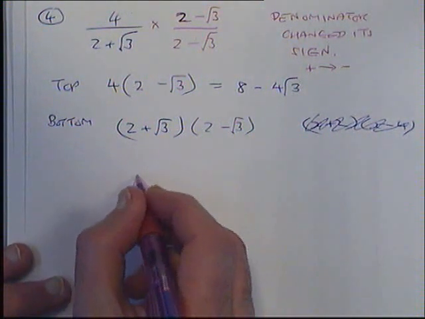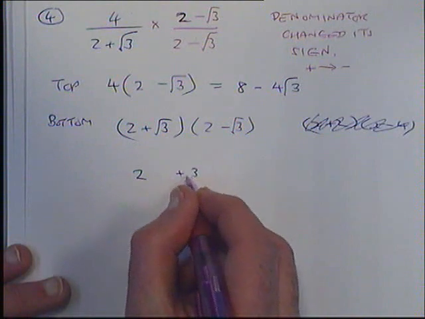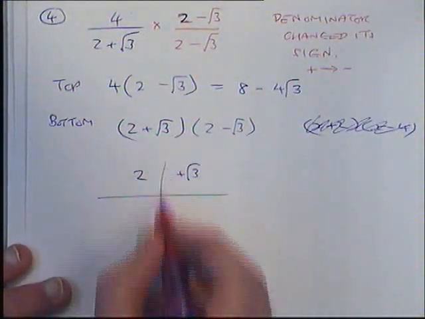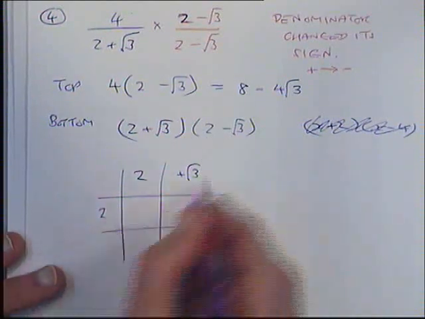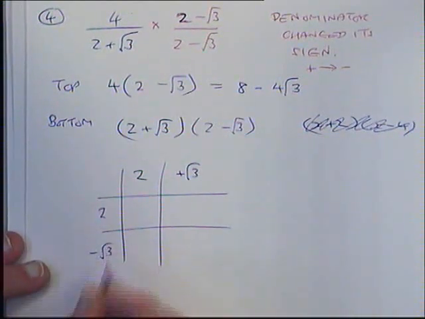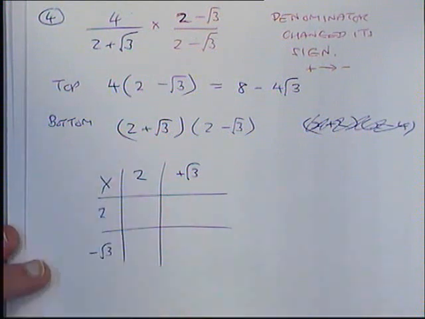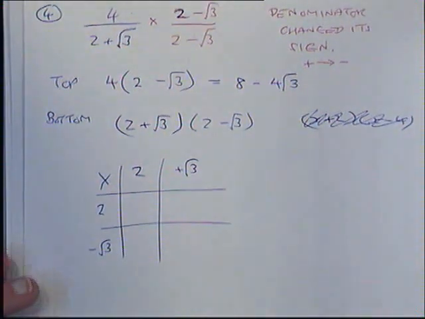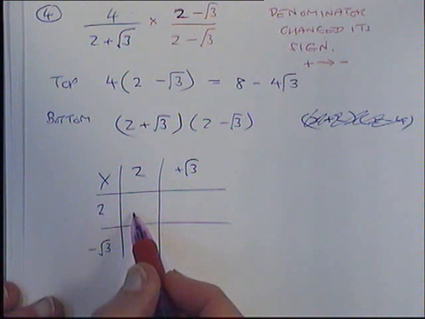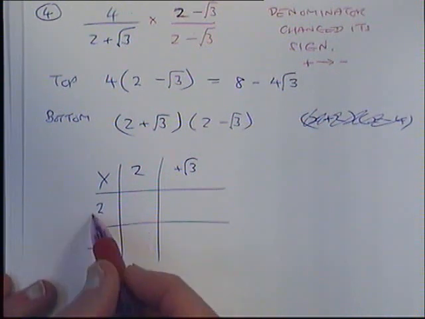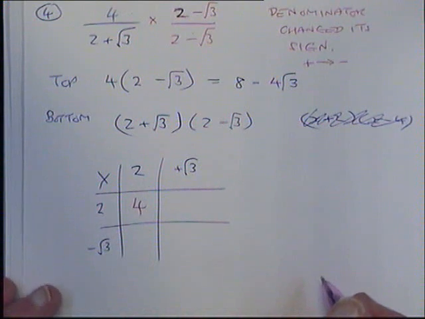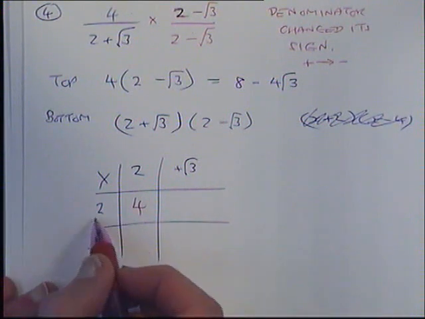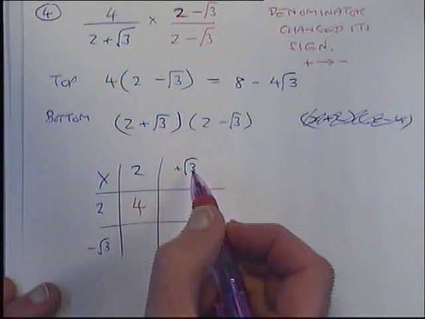So, for the grid, I've got 2 and a positive root 3 in one of my brackets. My other bracket, I've got 2 and I've got negative root 3. And I'm doing a multiplication grid. In this box here, I'm doing 2 times 2, that's 4. In this box over here, I'm doing 2 times by positive root 3.